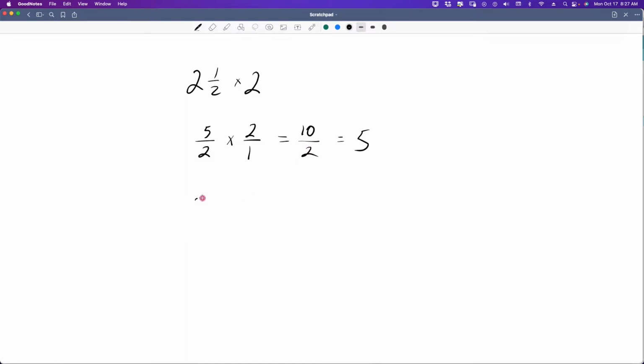Let's say we had 2 1/2 times 2 1/2. That would be 5 over 2 times 5 over 2. That would be 25 over 4. Now that might not mean anything to you, but you could turn this into a mixed number. You could say 24 divided by 4 is 6 and 1/4.